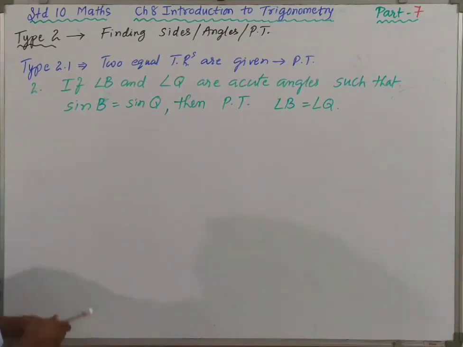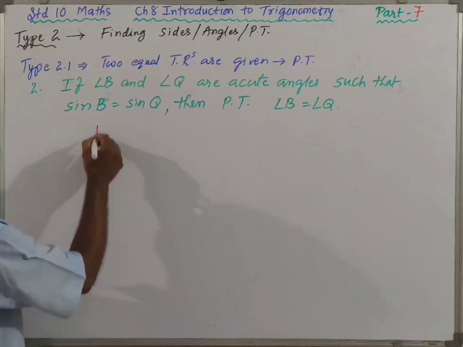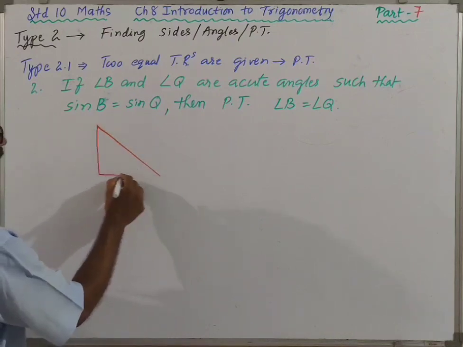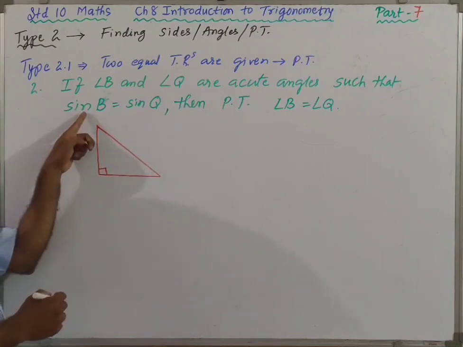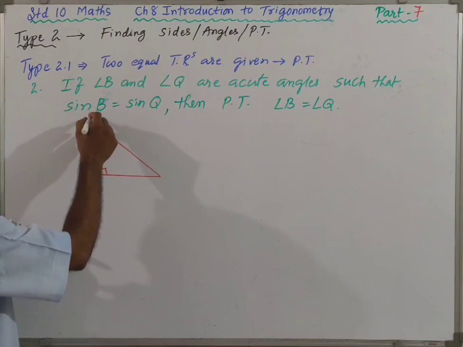Let's see the figure first. This is a right triangle. B is there, so let's take triangle ABC.